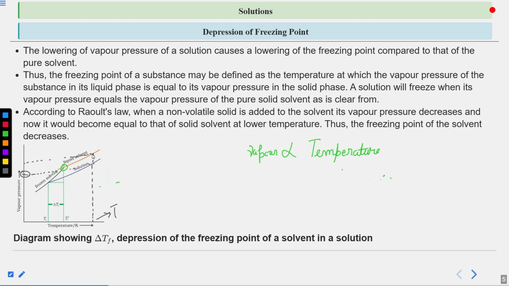So we can mark it here. We can easily see that at the same temperature, the liquid solvent has a higher vapor pressure. Due to this reason only, it intersects the frozen solvent's vapor pressure easily and earlier.